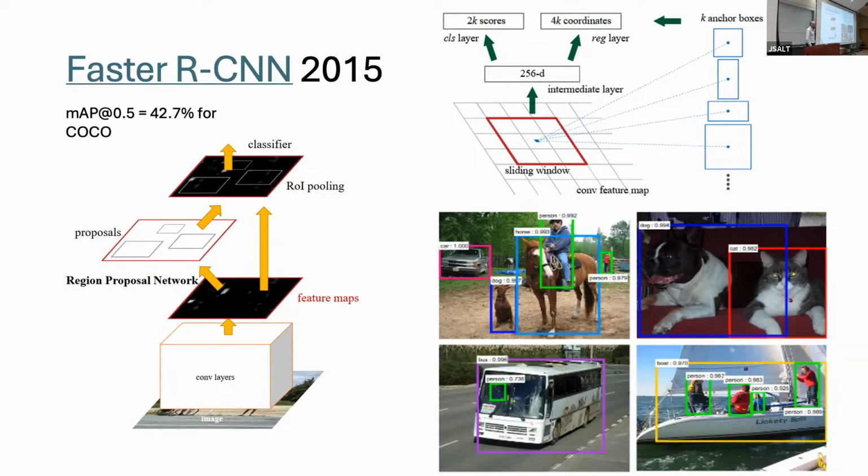Then you have two heads, and this is what we in vision call heads, because each head can have its own task to solve. In this case, one head just classifies whether there is something in the window or not. So it's a binary classification, and the other head is regressing the position of the box.